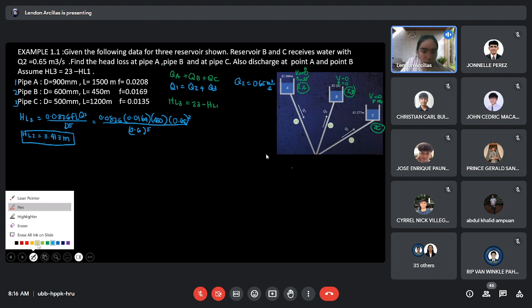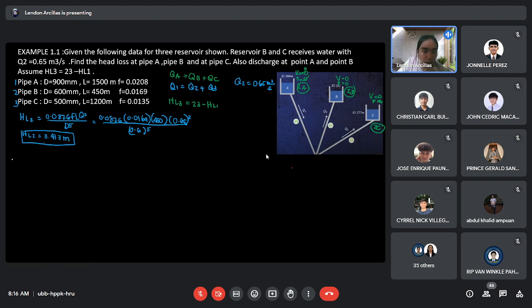Next is we need to find the QA and QB. So from this formula, we need to extract this formula para makuha yung Q. How do we extract that one? Cross multiply, di ba? Cross multiply mo yan, bababa yung nasa taas na yung HLA or HL1 times D raised to 5.